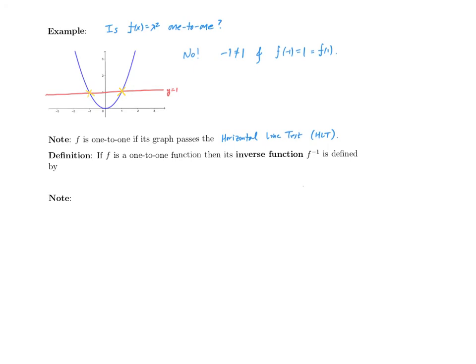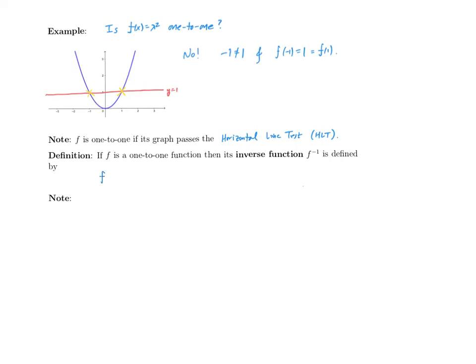And we are now ready to define what we mean a bit more precisely by an inverse function. So if a function is 1 to 1, then it has an inverse. And the notation we use for the inverse is f superscripted with a -1, and it is defined as follows.